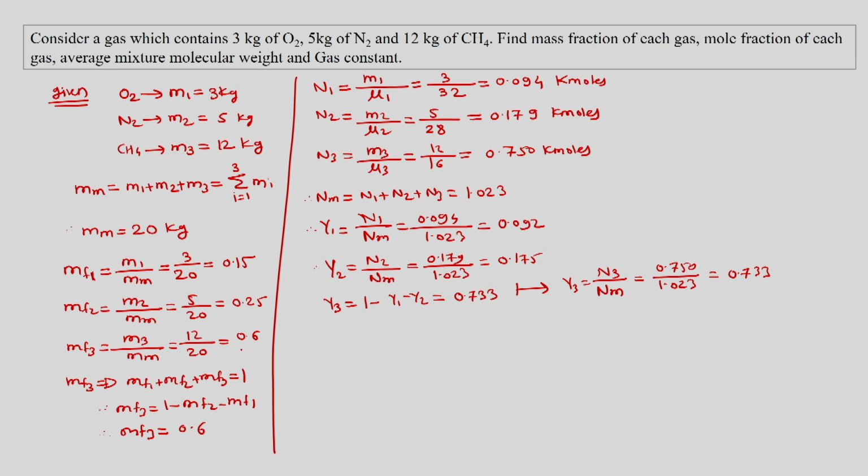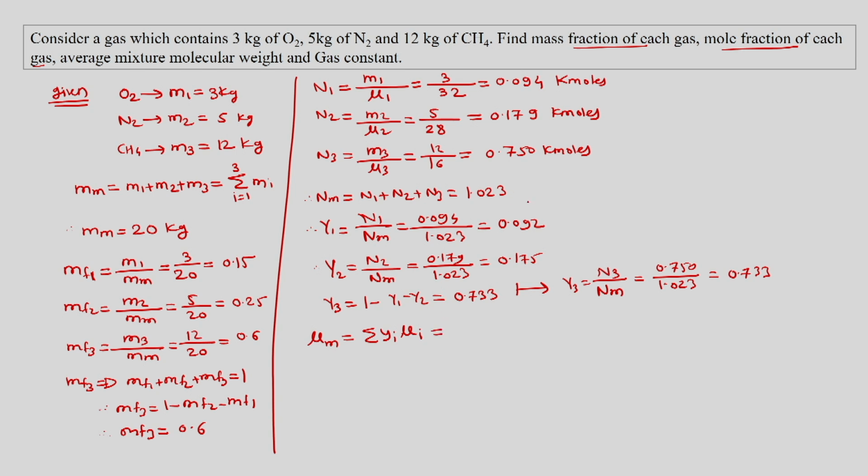So this is the way we found the mass fraction and mole fraction of each species. Now we have to find the average molecular weight. We can find mu mixture equal to sigma of mole fraction of a species yi into mu i. This is one way.